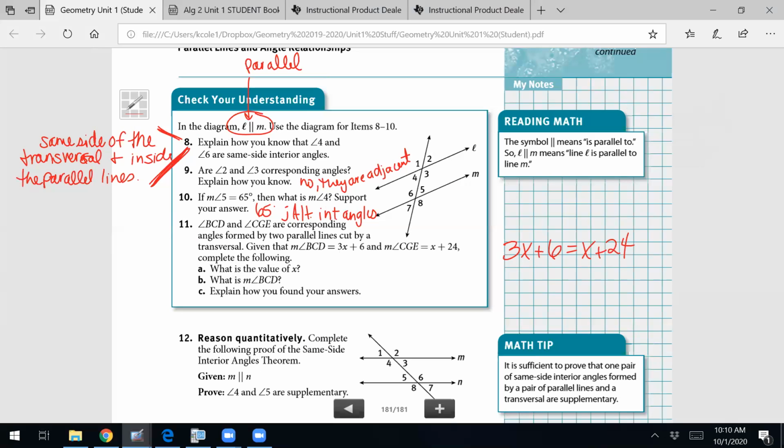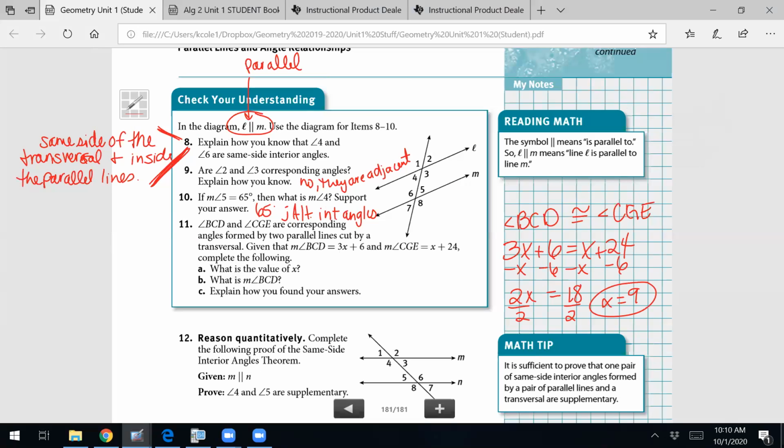So since we know that angle BCD is going to be congruent to angle CGE, you can set them equal to each other and solve. So I'm going to solve quickly. Did you get x equals 9 if you beat me?